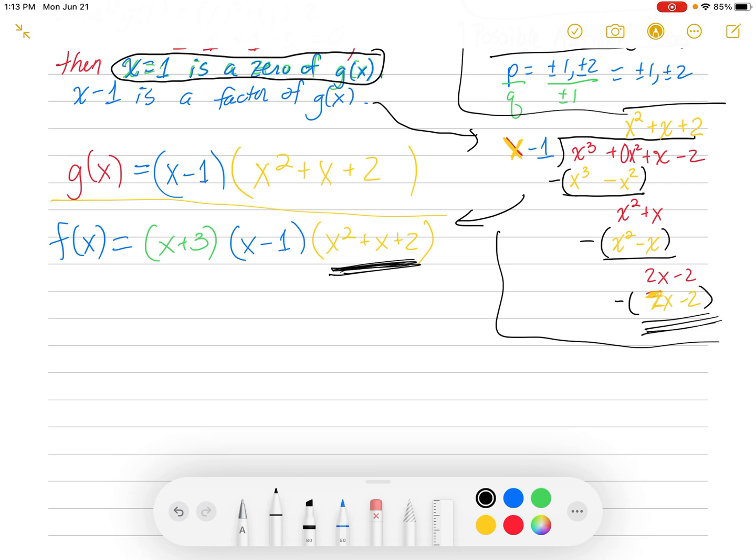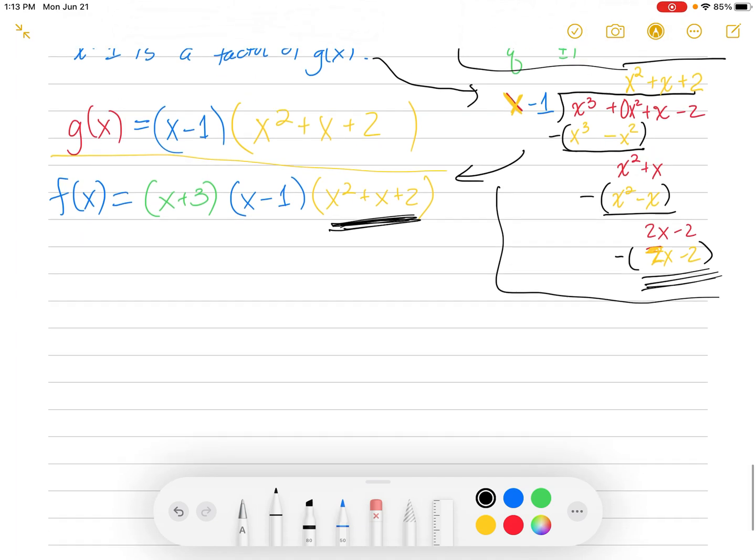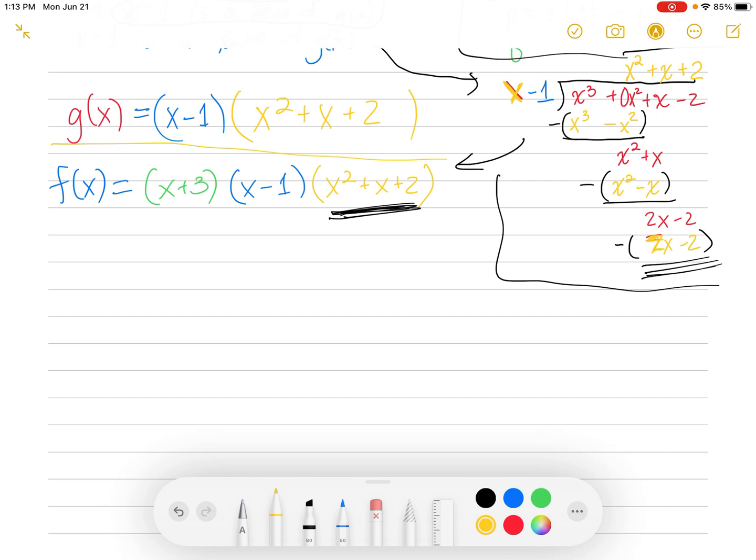Okay, so one more thing we have to do. We have to try to factor this yellow right here I'm underlining in black. Does that factor? Well, you can try to factor it. It turns out it doesn't factor, and you really need to verify it doesn't factor. You basically set it equal to 0, x squared plus x plus 2 equals 0, and you want to try to solve this.